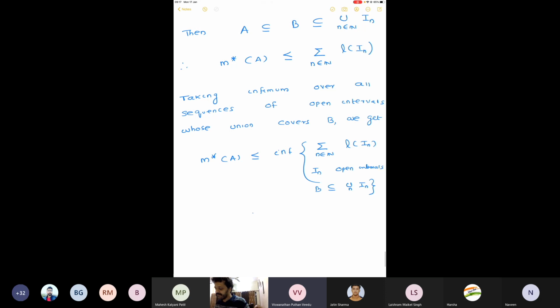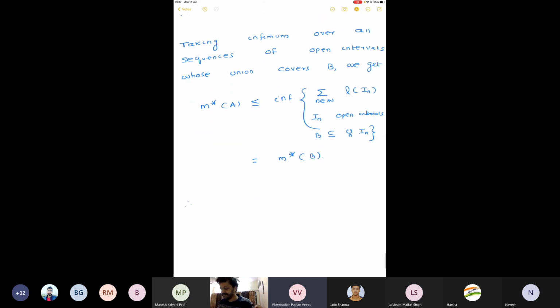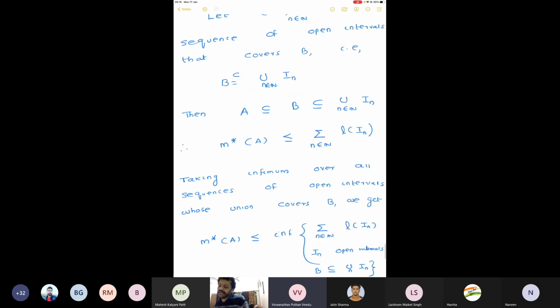This, by definition, what you have on the right hand side is M star B. Thus, M star of A is less than or equal to M star of B. This proves the monotonicity of Lebesgue outer measure. The larger the set, the larger the measure is, as one should expect.